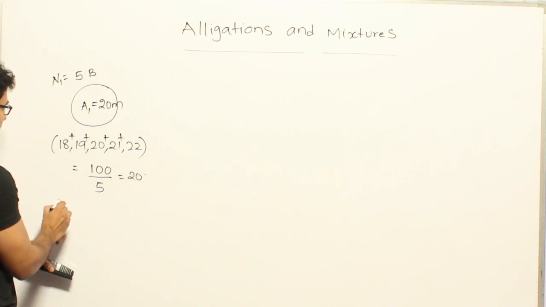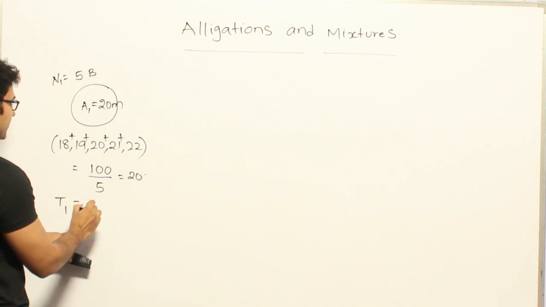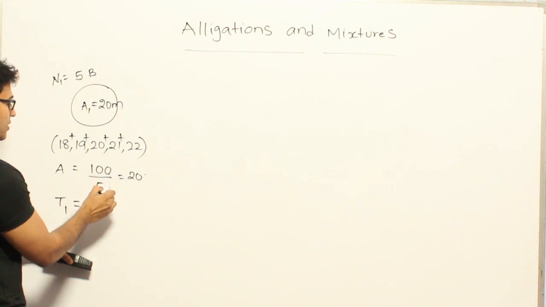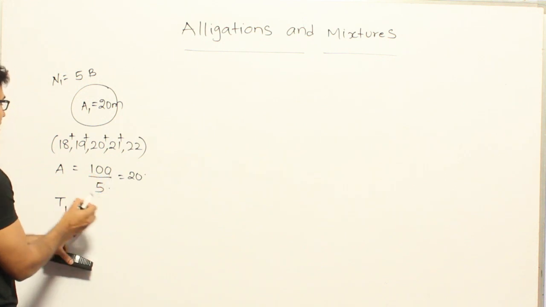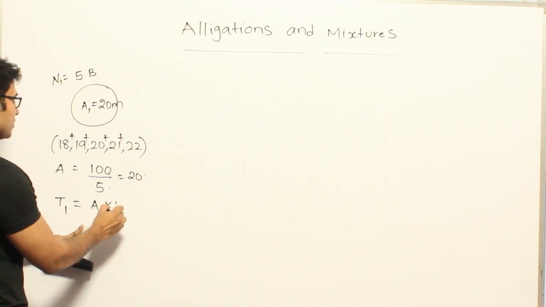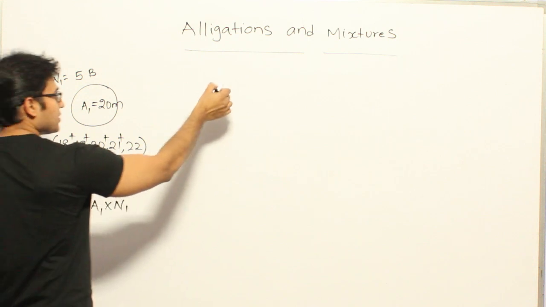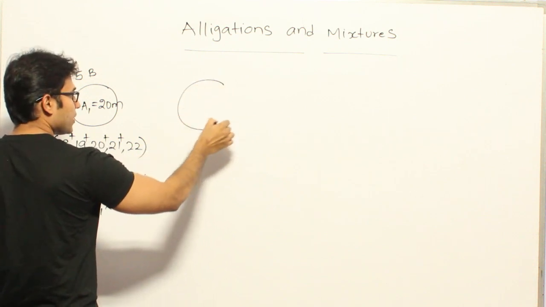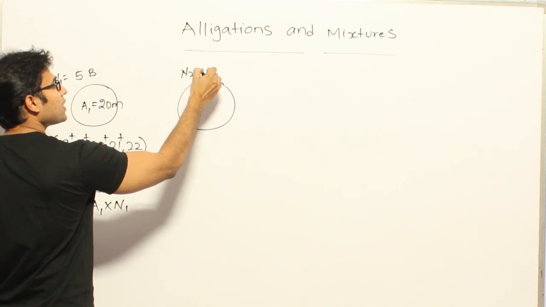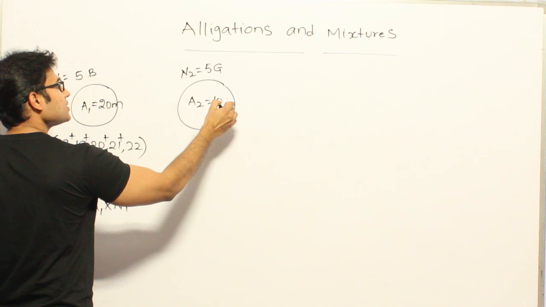If average is equal to total by number, then the total marks is equal to average into number. Got it? Now let us assume that there is one more group, a group of five girls, and the average of this group is 10 marks.